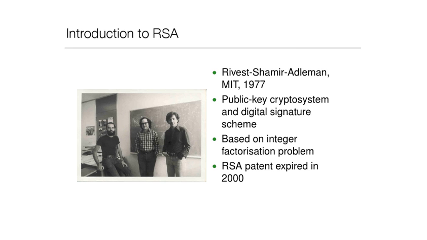They invented this in 1977 at MIT. This picture is an old picture from the time they invented this scheme. They were young at that time. Now you can find pictures of them. They all are old with gray hair and bald heads.